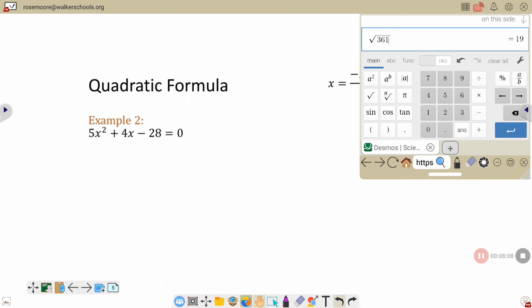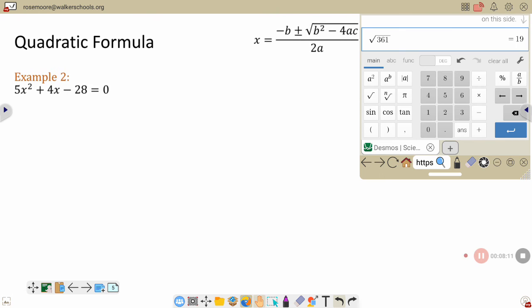Okay. So again, quadratic formula has not changed. A is 5, B is 4, C is negative 28.